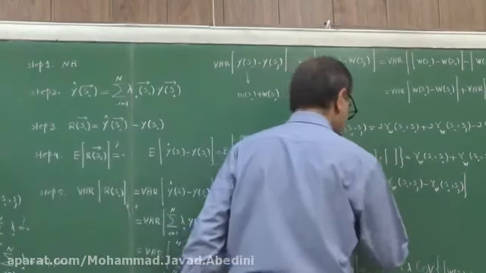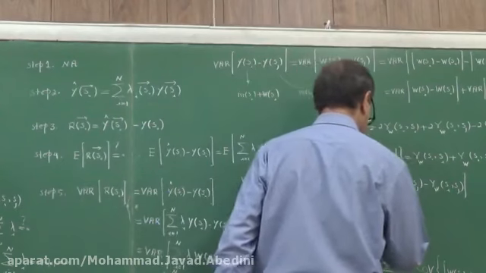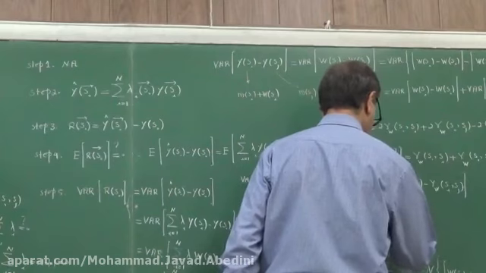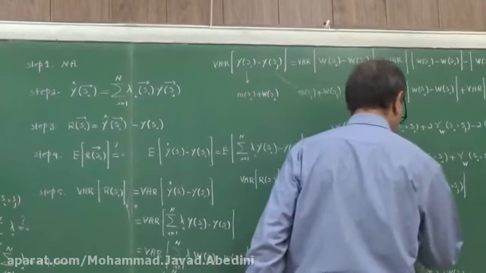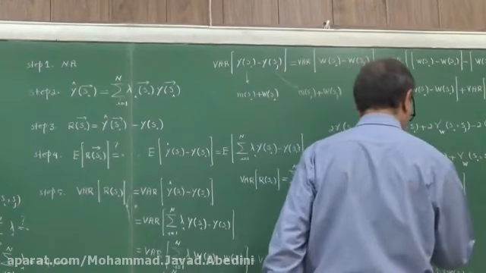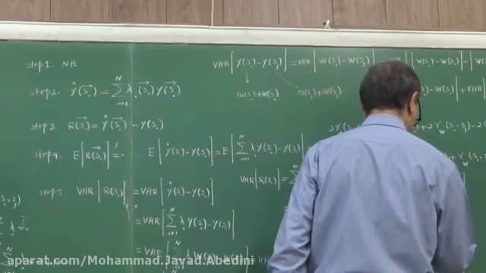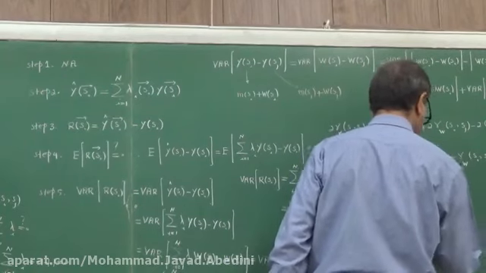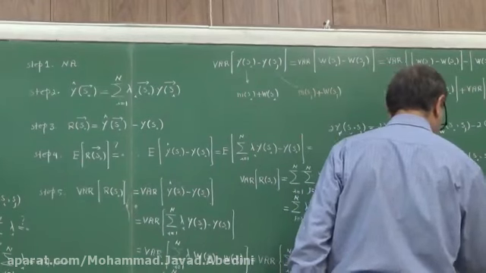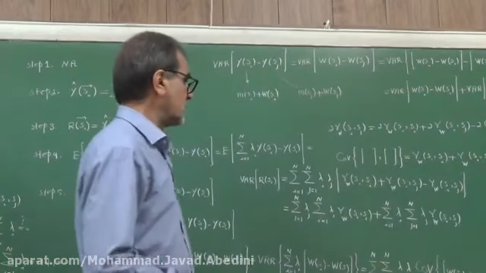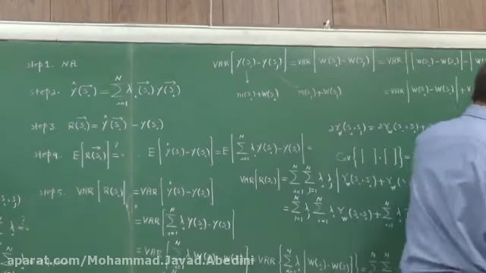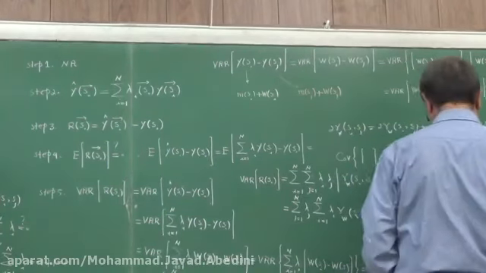When it comes to the second term, again it is separable. And then when it comes to the last term, it is simply a double summation. We cannot separate it.